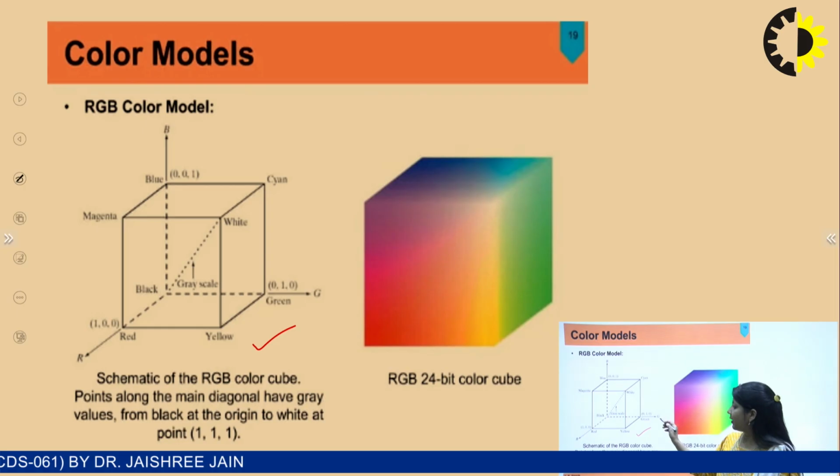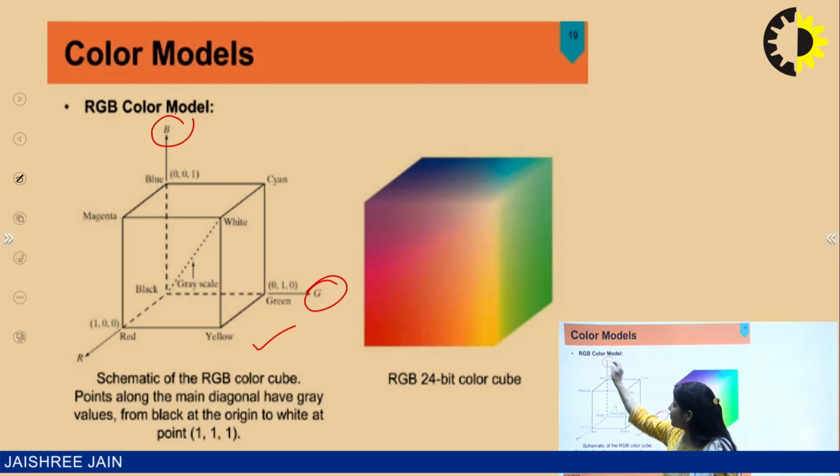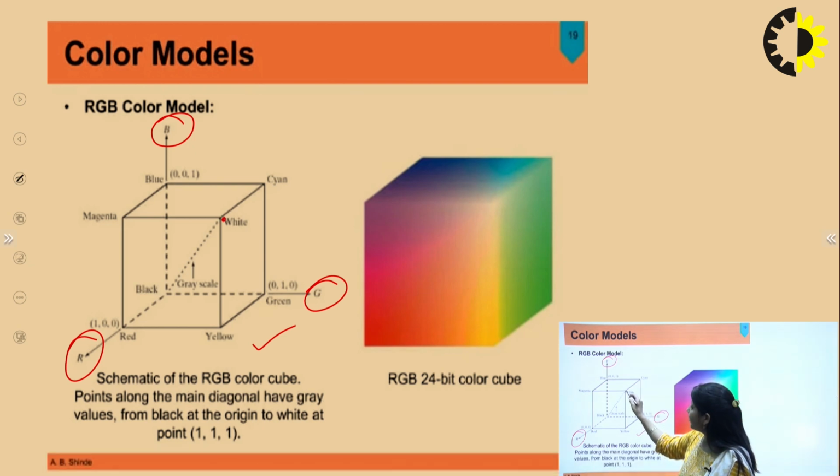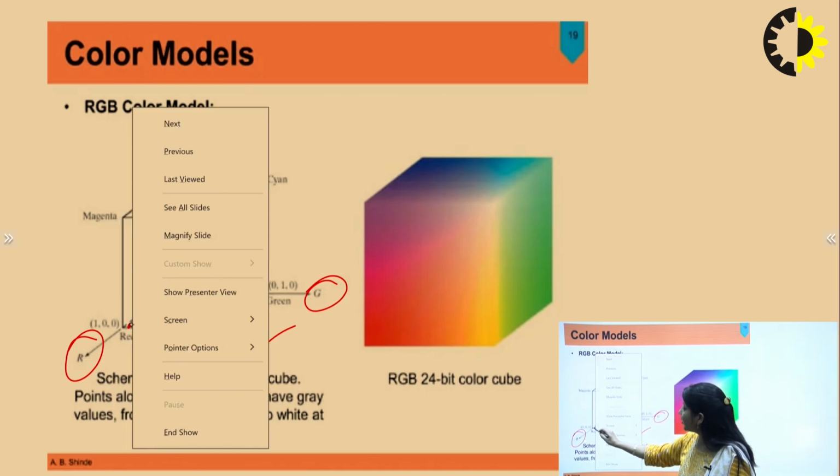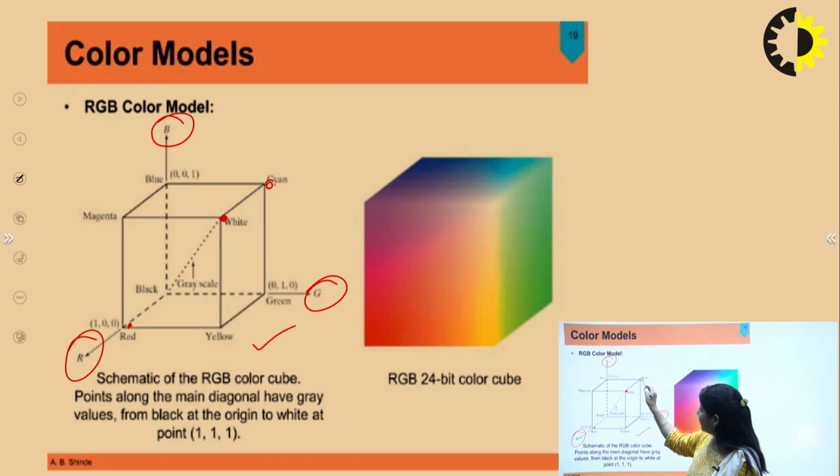On the x-axis we have green, on the y-axis we have blue, and on the z-axis we have red, and with the combination of these three we obtain white at this corner. Opposite to the red corner we have cyan. The CMY model is the color complement.